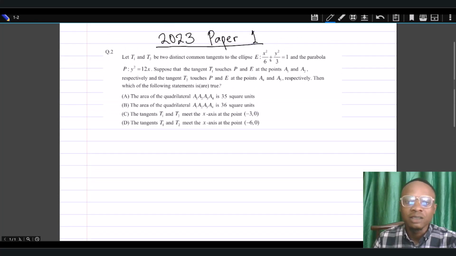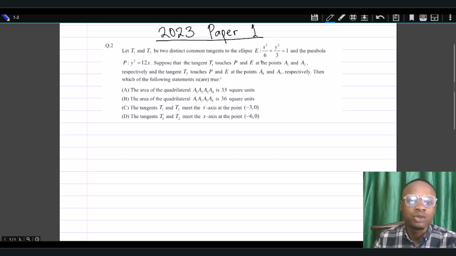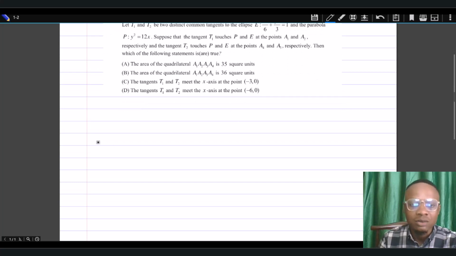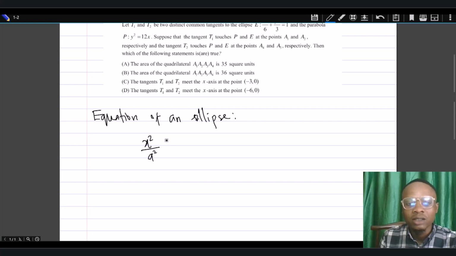Firstly, we can see that the equation of the ellipse and the equation of the parabola have been given in their standard forms. So what do we mean by that? Let's quickly recall. The equation of an ellipse in standard form is x squared over a squared plus y squared over b squared equals 1.